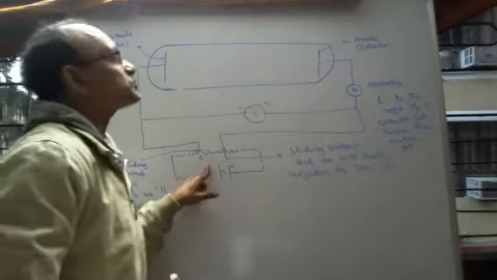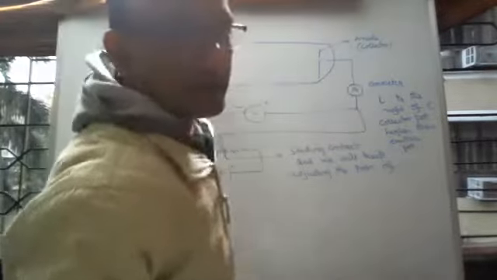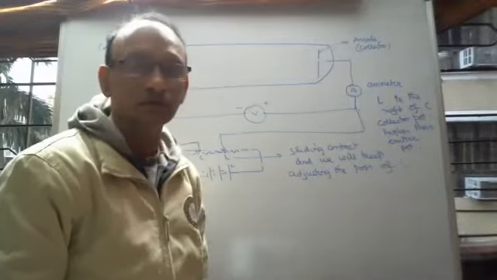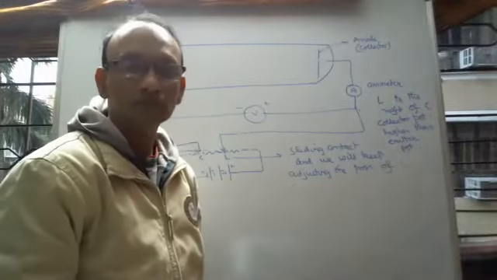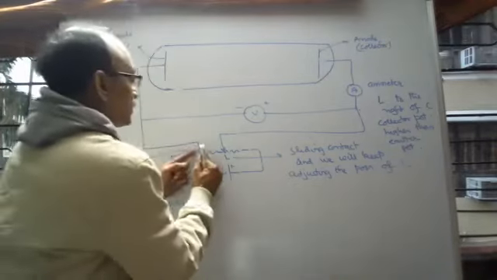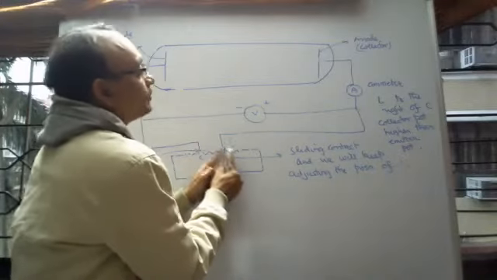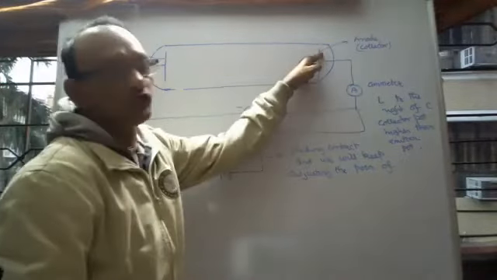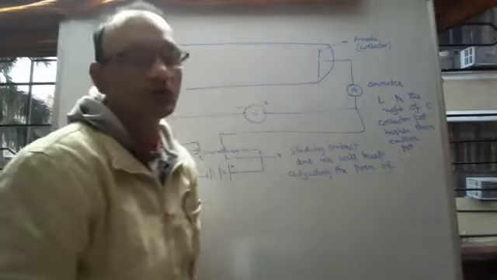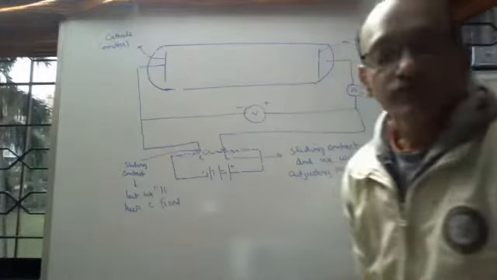If L coincides with C, both collector and emitter would be at the same potential. और अगर L यहाँ आ जाए, तो obviously L will be at a lower potential. This anode will be at a lower potential compared to the cathode, right?